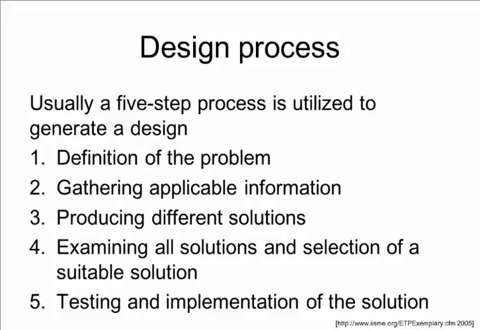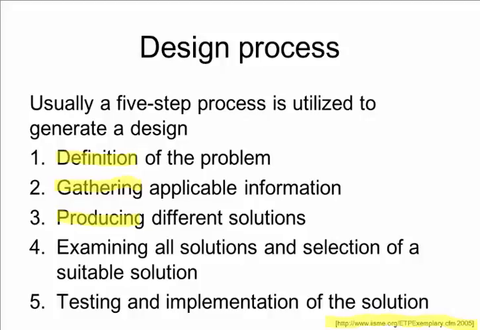So the design process has 4 or 5 different steps, the commonly recognized ones, which you can see over there, where we have our reference. First of all, we have a definition, then we gather information, and then we analyze. So this is the analysis phase.